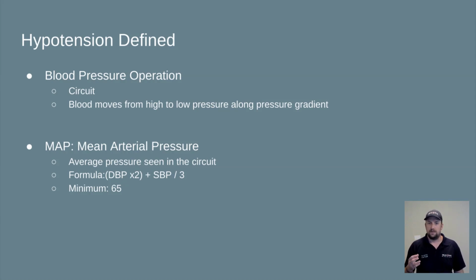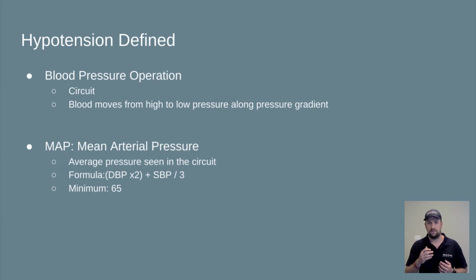Why? Well, in the cardiac cycle, it spends 2/3 of the time in the diastolic phase and only 1/3 of the time in the systolic phase. And this makes sense, because if it were to beat and then beat again, it wouldn't have time for the blood to move along that gradient and move the blood forward. So it beats, creates that high pressure, the blood moves along the gradient forward towards the right side of the heart.